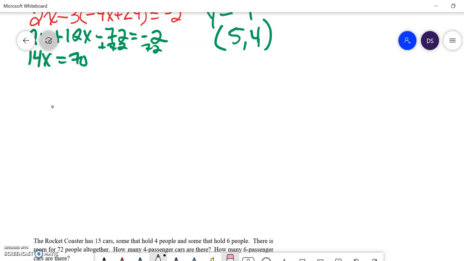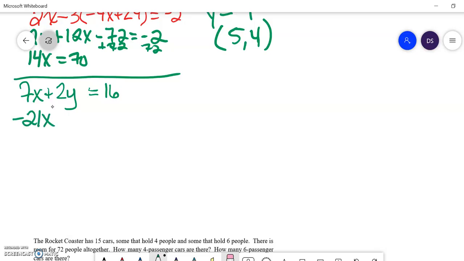Actually, we'll do one more example, and we'll do one with a fraction so that you don't feel all crazy when you see the fraction. We're going to do it with substitution again. So there's our first equation, 7x plus 2y equals 16, and negative 21x minus 6y equals 24.